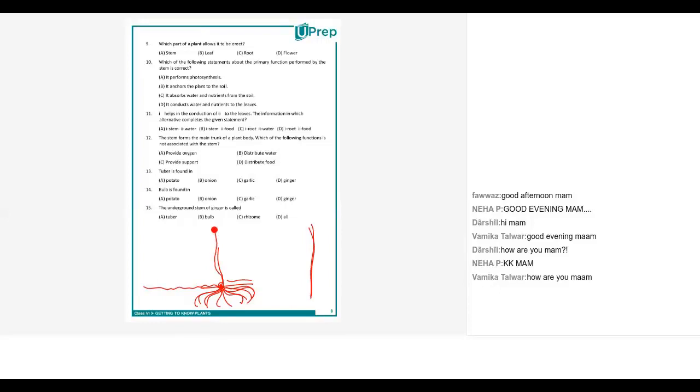Now, this is also a stem which is straight. Now there is a stem which grows along with the soil. Yes, ma'am, I understood. But this is not erect. This is erect. So basically there is water filled inside the stem, which builds turgidity.